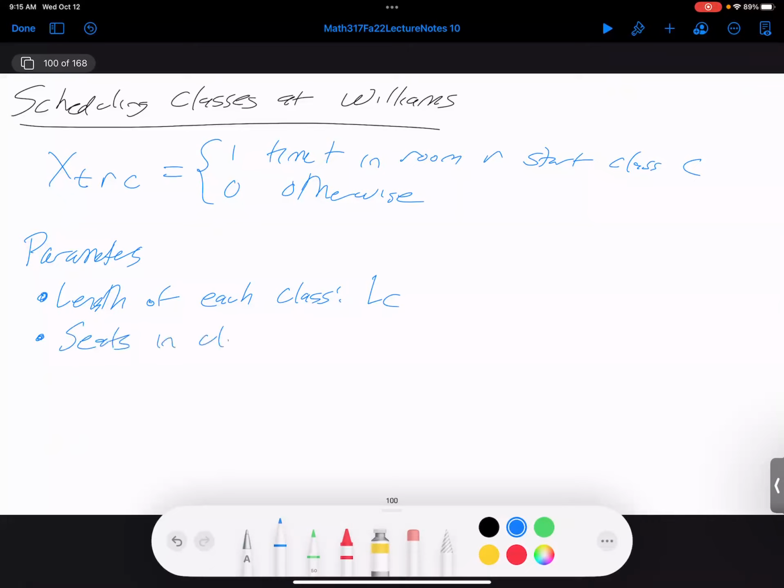Seats in classroom C. What else will we need? Okay, in what sense?